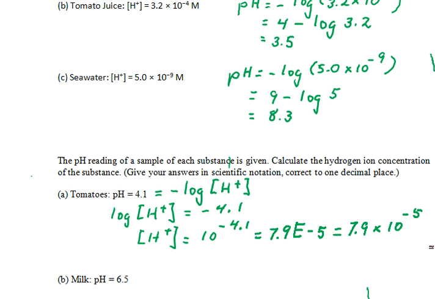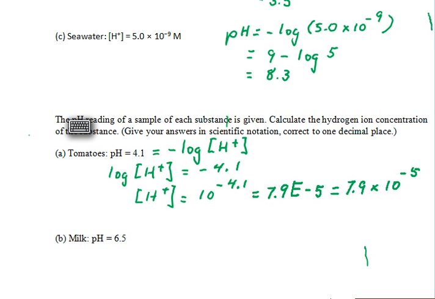Lastly, we have our milk, and so we would have that the log of the hydrogen ion concentration for the milk would be the opposite of the pH, which would be minus 6.5.